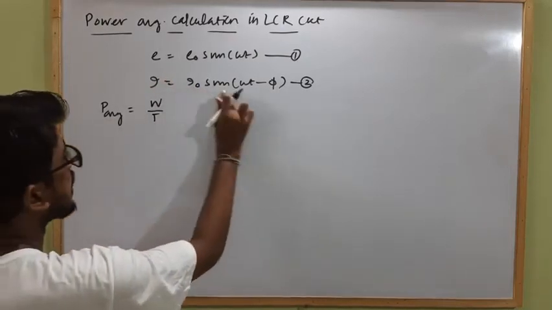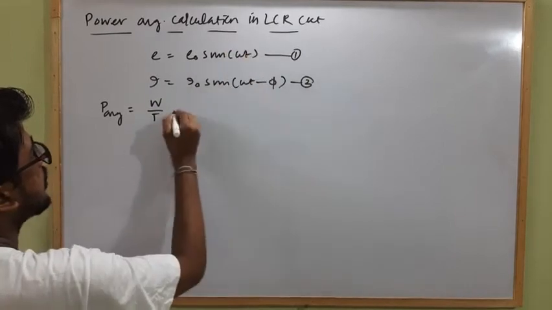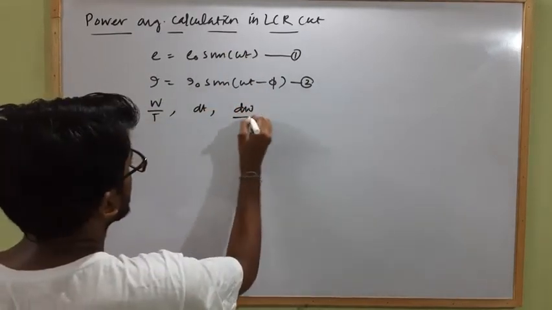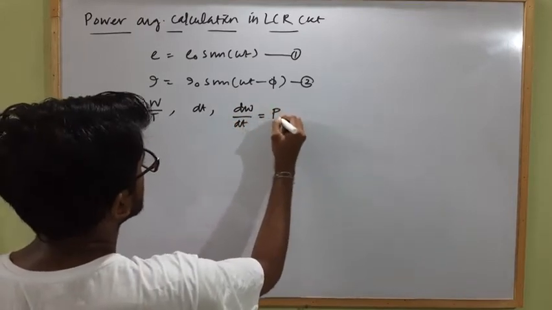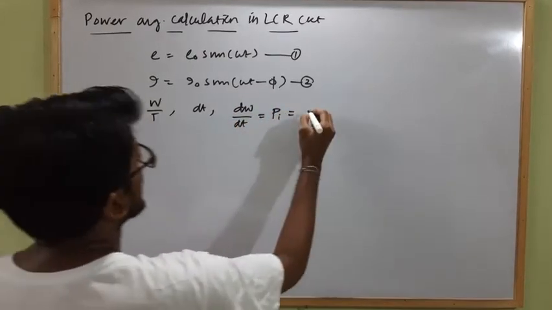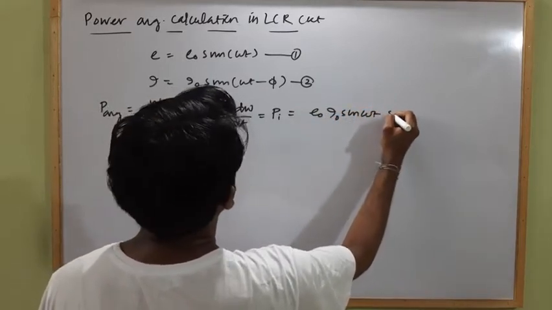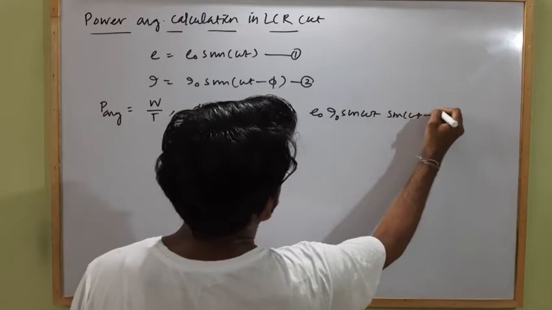But as I and E both are functions of time, so for a very small time dt, what will be the work done? So dw by dt will give us the instantaneous power, which will be E naught I naught sin omega t into sin omega t minus phi.